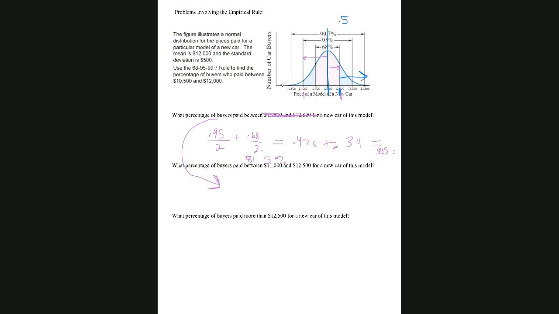So this is going to be 0.5 minus 0.34. So that's 0.16. So basically 16% of buyers paid more than 12,500.